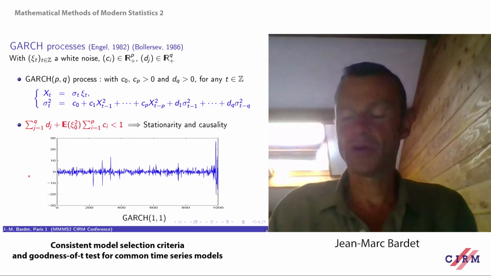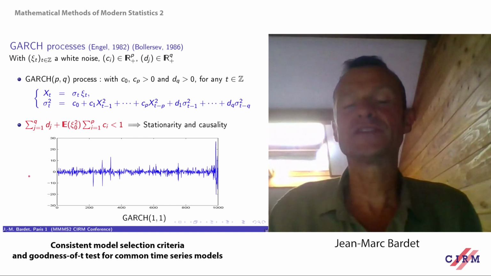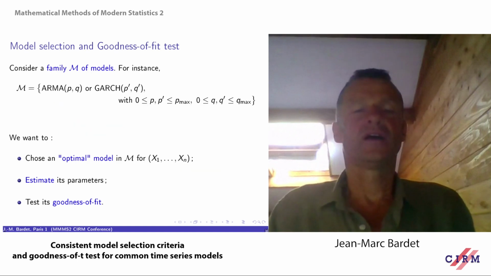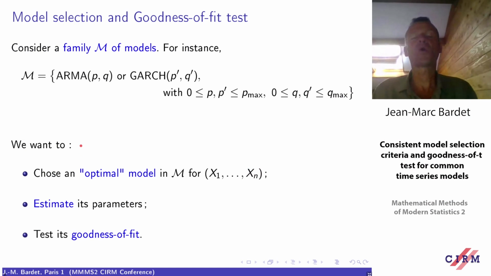So now, with the recall of these two very famous kinds of time series, we can say more precisely what we do now. We consider a family of models, and for instance our family could be all the ARMA(p,q) and all the GARCH(p',q') processes with p and p' less than p max.